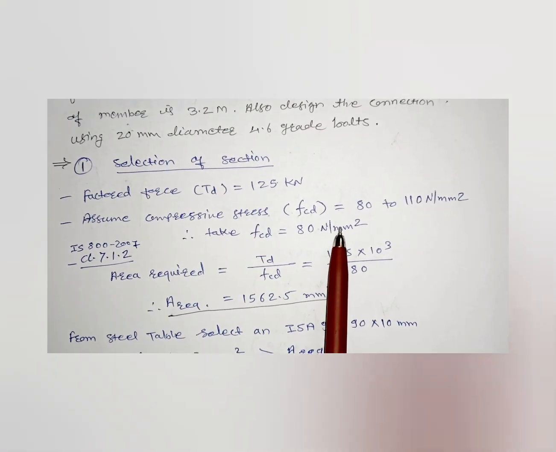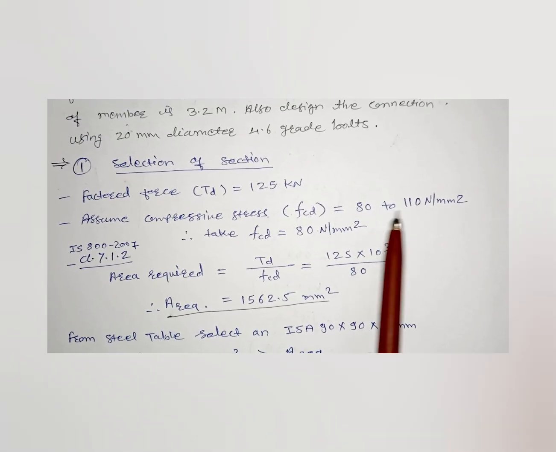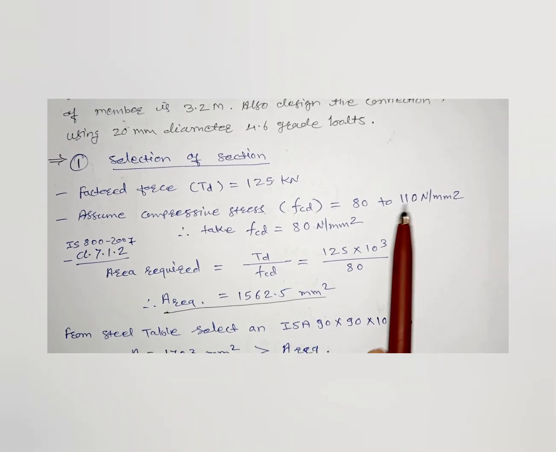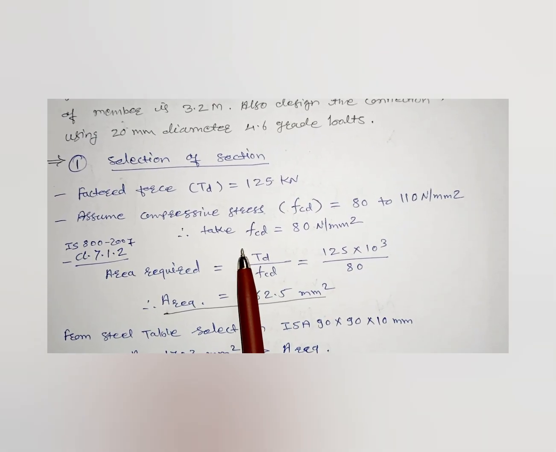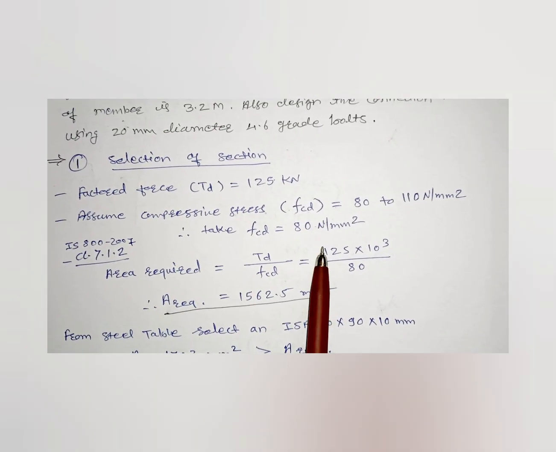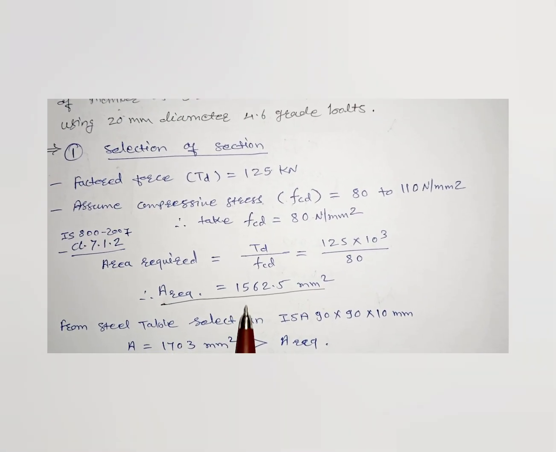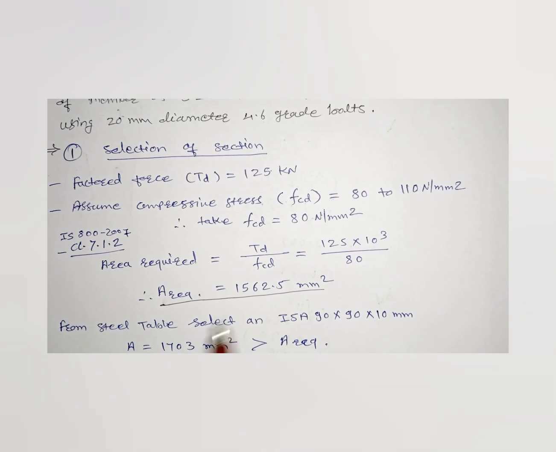We have to assume initially 80 to 110, we can take in between that. So we are assuming in this numerical 80 Newton per mm square. So with this calculation the area required we found at this much.